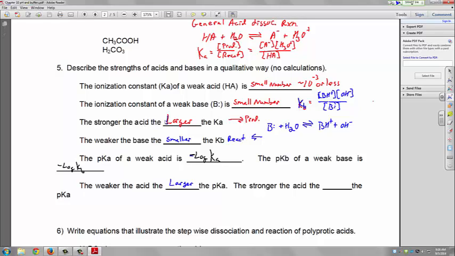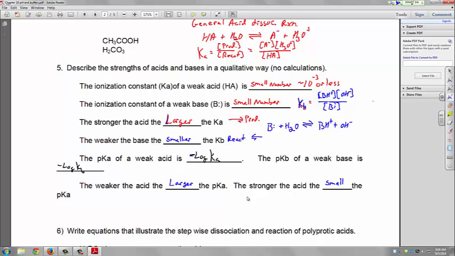So if you look up here, stronger acids have a larger Ka. Weaker acids, opposite, stronger versus weaker. Weaker acids have a larger pKa. Or the other way to think of it, the stronger the acid, the smaller the pKa.